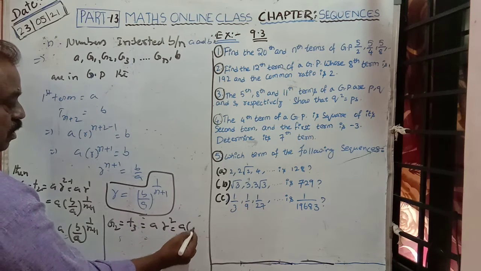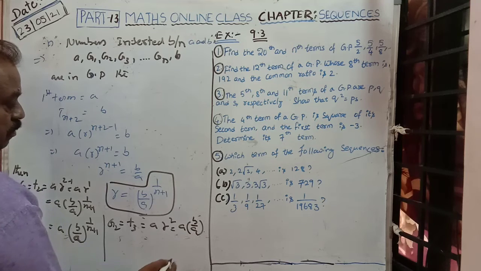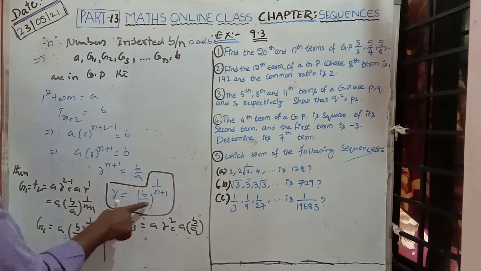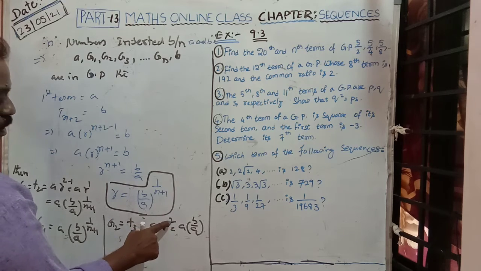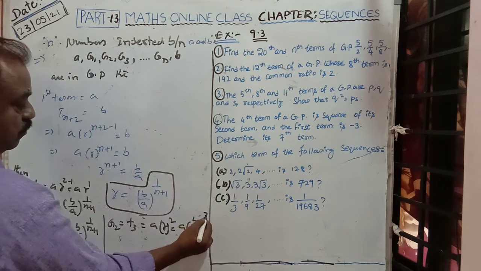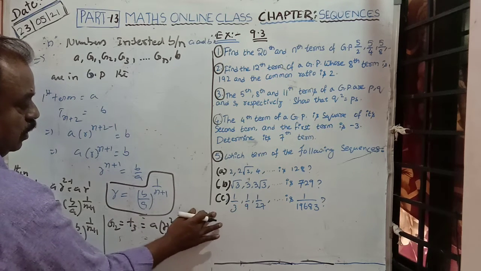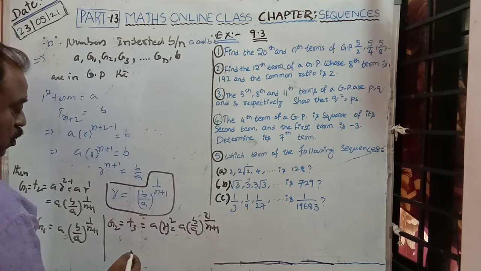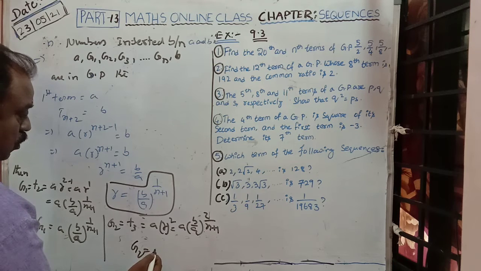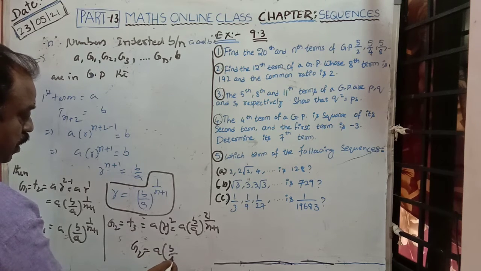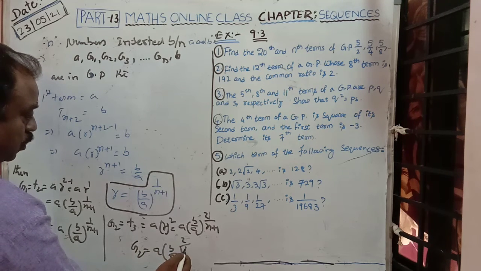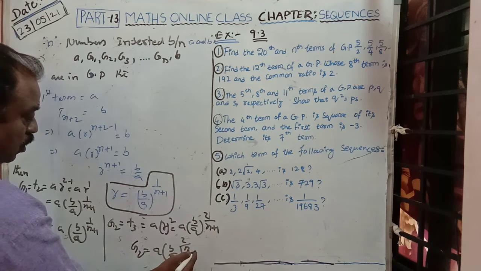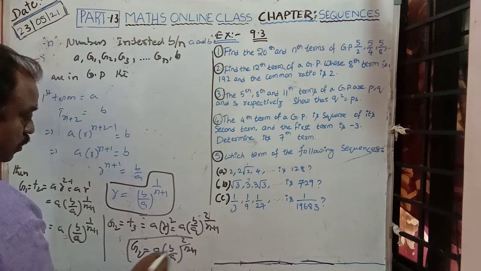It is A into (B by A) power, R is 1 by n plus 1, but here the index is 2 by n plus 1. So G2 is equal to A into (B by A) power 2 by n plus 1.